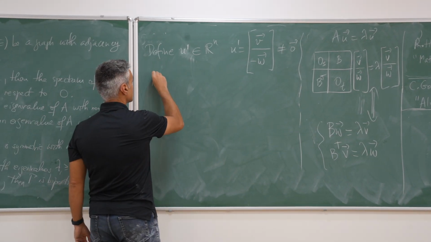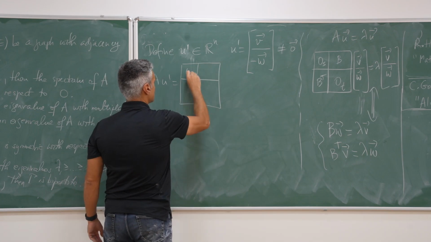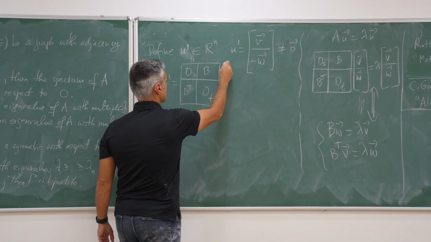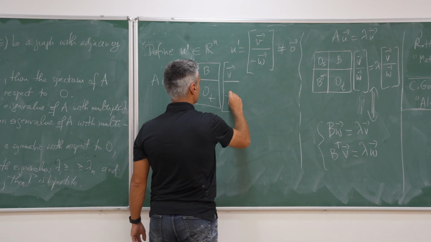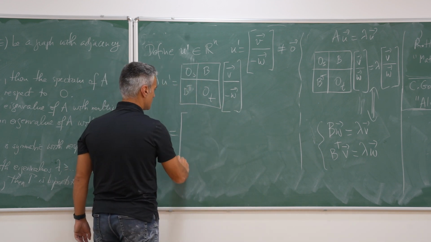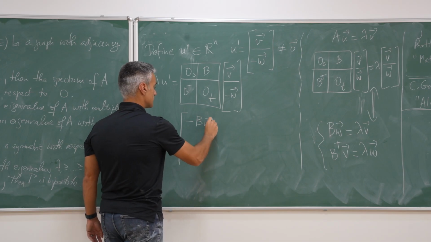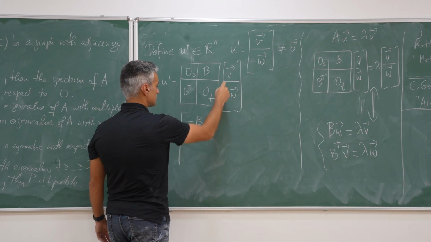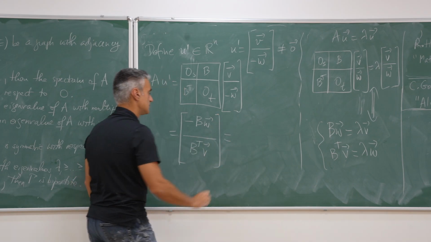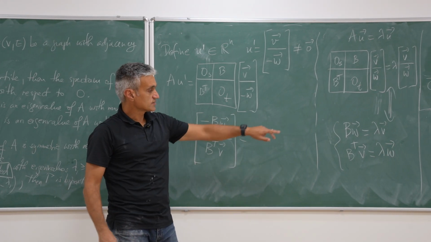When you multiply, so you have Au prime, 0s, 0t, b, b transpose, and you multiply it by v, minus w, what we're going to get, 0s here, it's going to be minus bw. B transpose here is going to be b transpose v. How much was bw? It was lambda v.